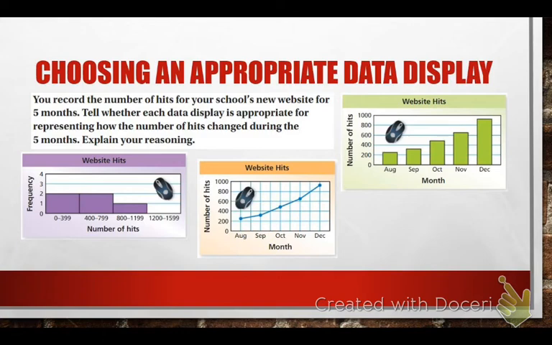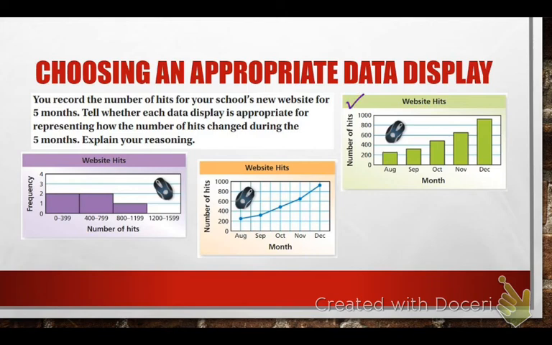Let's look at this top right one. Does this give us the information we're looking for, the number of hits on a website over 5 months? Yes. Does it show me about how many in August? Yes. What about September? Yes. This is definitely fine.